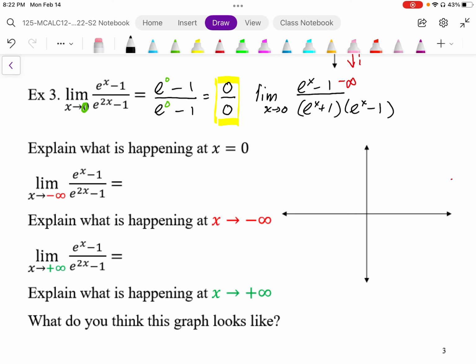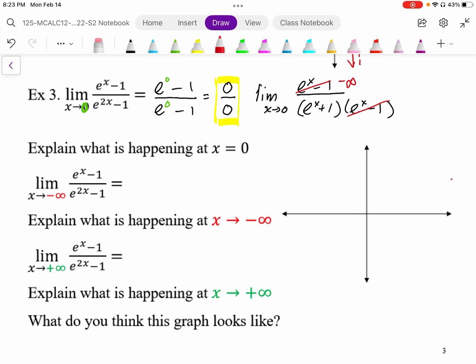And so when x is equal to 0, I have e to the 0 minus 1. There's a 0 in the numerator. And I also have e to the x minus 1, which is 0 in the denominator. That's a 0 divided by 0, and I can actually get rid of that 0 divided by 0 by just canceling these out.